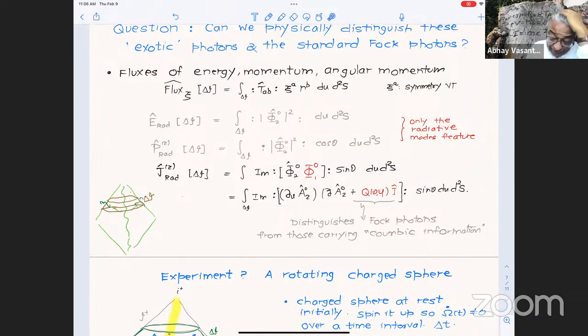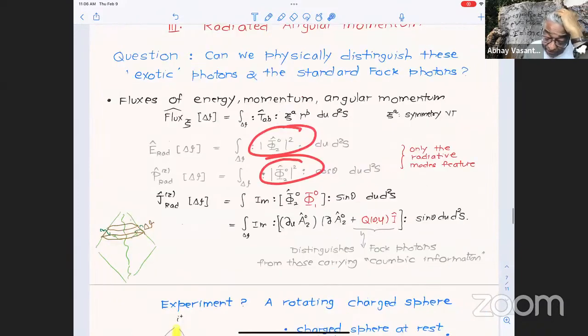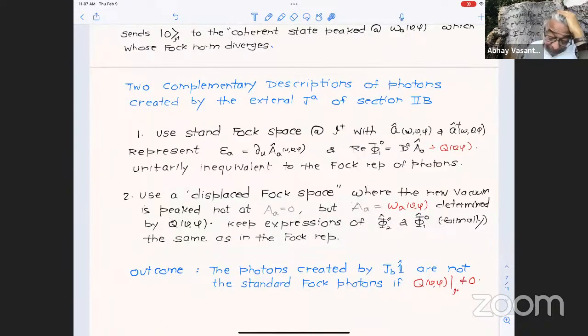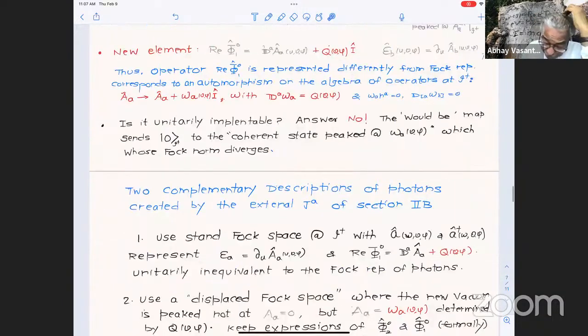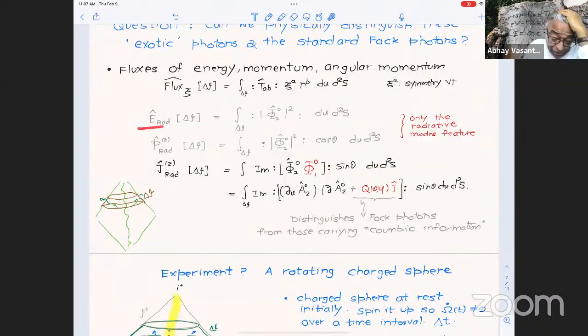So I'll just get this quantity, and this only depends on the radiation field. In our non-standard, non-Fock representation, the radiation field is represented exactly as in the Fock representation. So there is no change in the energy radiated away or in the momentum radiated away.